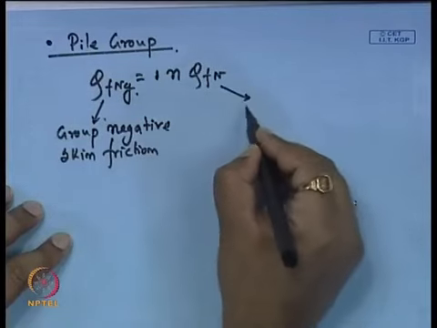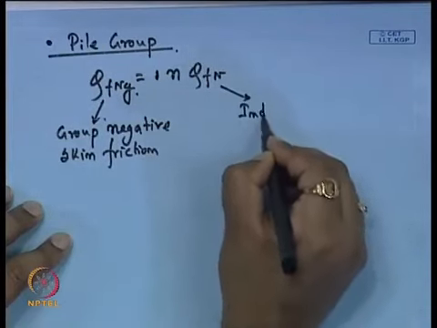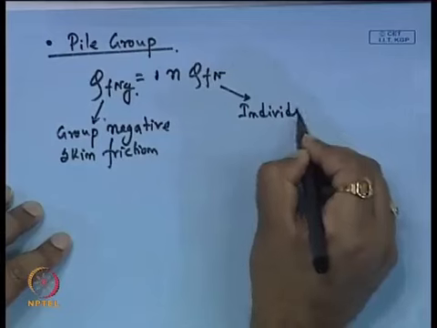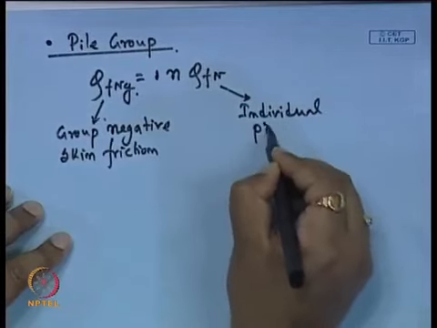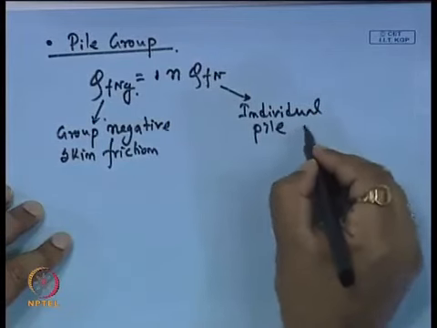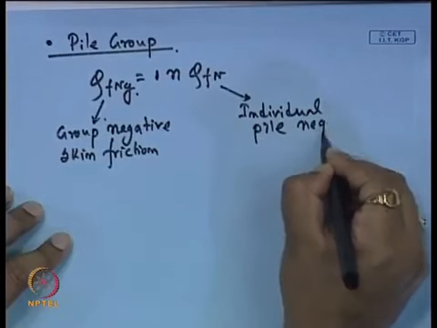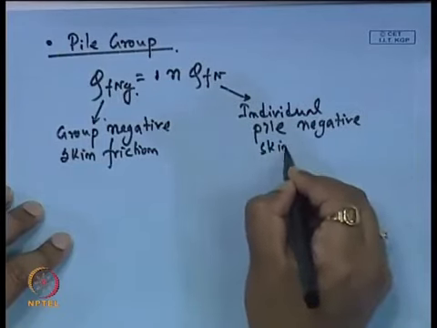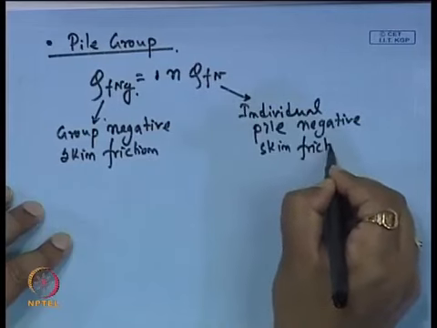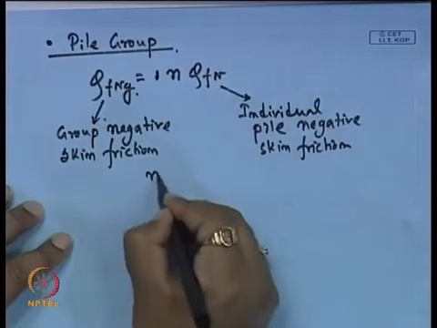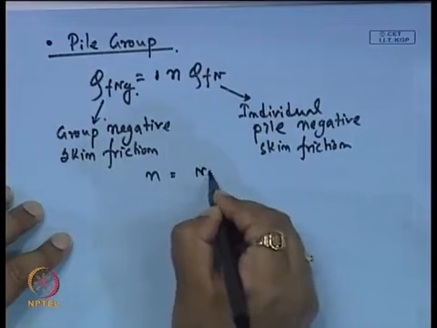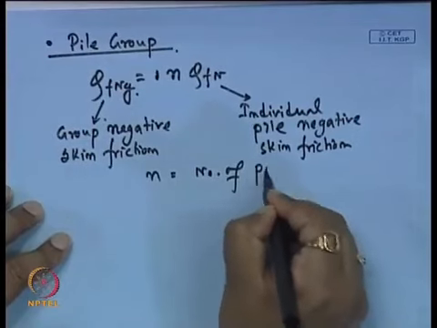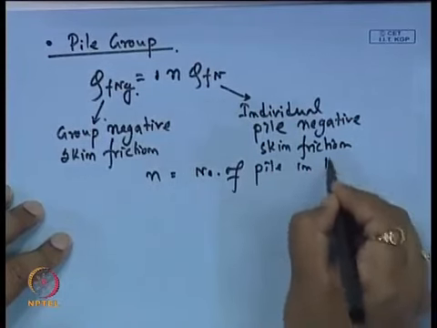This Fn is for the individual pile negative skin friction, and n is the number of piles in the group.